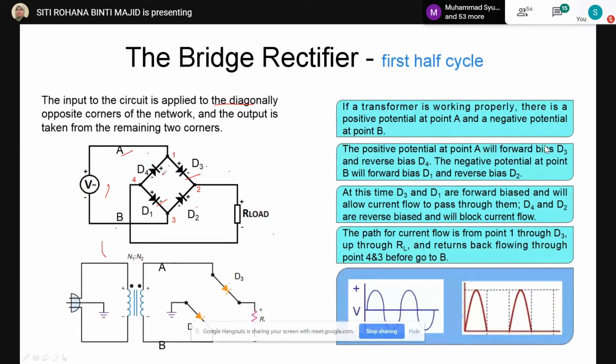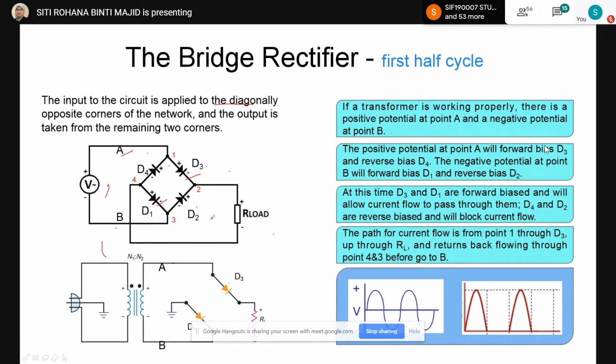That means the current only can flow through D3 from point 1 to point 2. Okay, but the current cannot flow from point 1 to point 4, because D4 is reverse bias. That means it will stop the current from flowing through it. So at this time, D3 and D1 are forward bias, and allow the current to pass through them. Meanwhile, D4 and D2 are reverse bias, and there is no current flow through them.